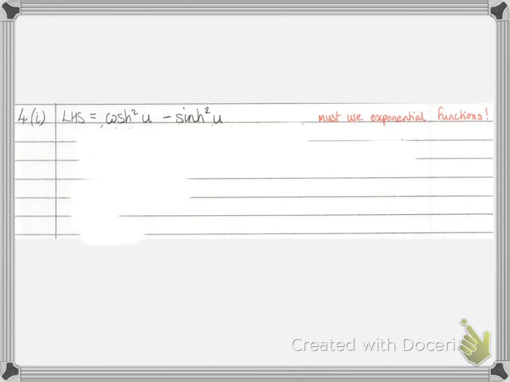This first part of the question should be quite straightforward. So making sure we use exponential functions, we can start with one side of the identity, and in this case we're going to start on the left hand side where we had cos squared u minus sin squared u. Then using the exponential function identities for cos u and sin u, we substitute these in place. It's worth putting brackets to make sure that when we square this, we square everything.